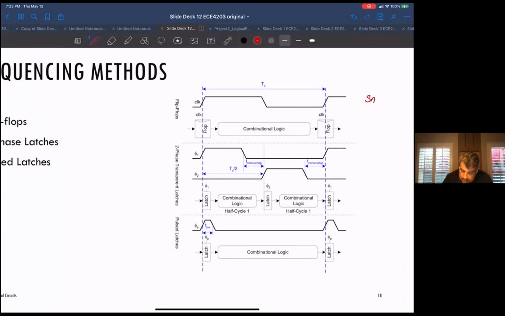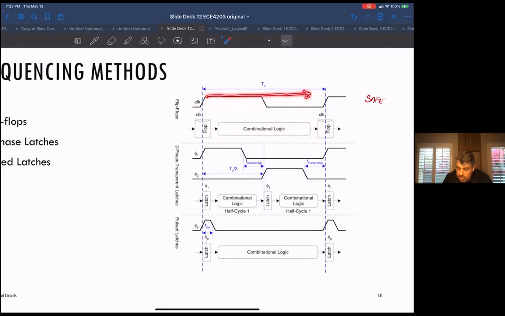Basically, you have your combinational circuit in between two flip-flops, and you have to make sure the output from one layer of flip-flops goes through your combinational circuit and appears in the next flip-flop in this time frame, in this clock period.